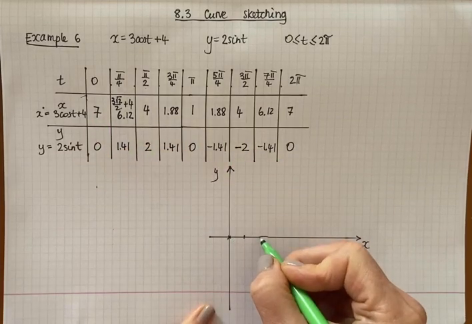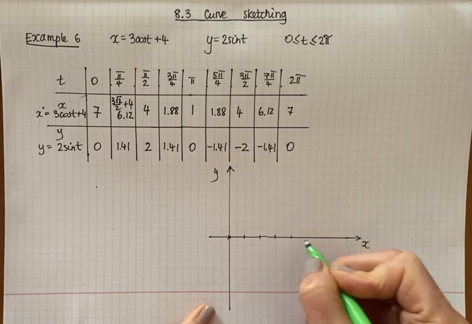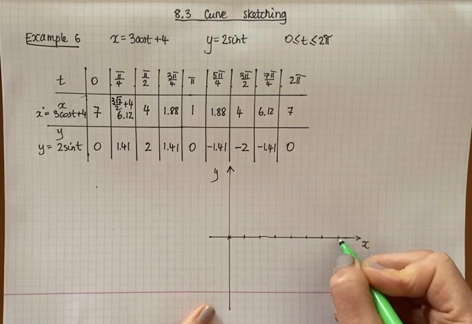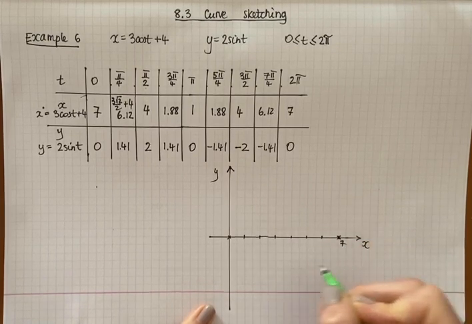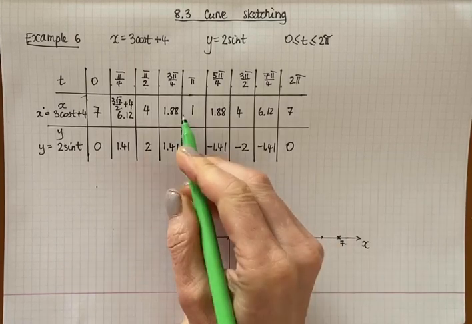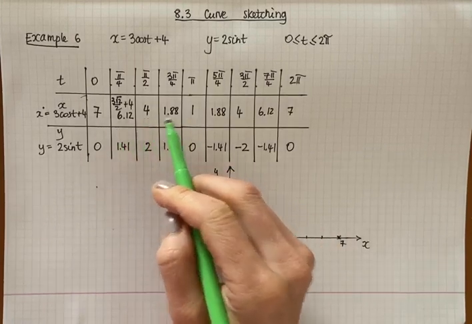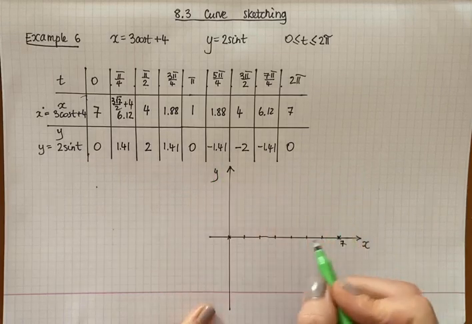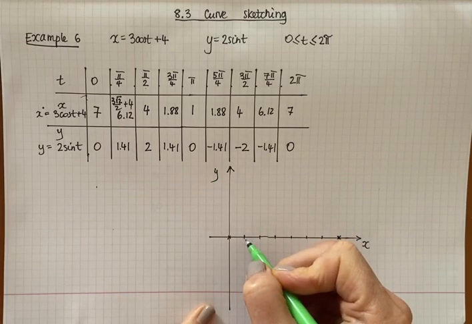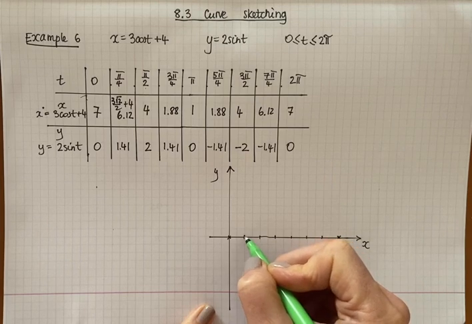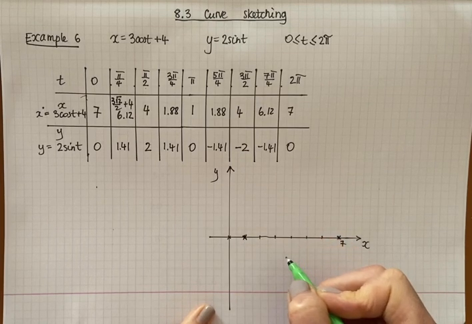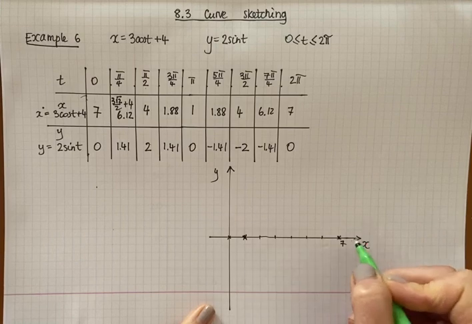You've got to go to 7: 1, 2, 3, 4, 5, 6, 7. So 7, 0. Then you've got the point where x is 1. Let me just double check. Yeah, x is 1, you're going to get 0, and 7 is 0.